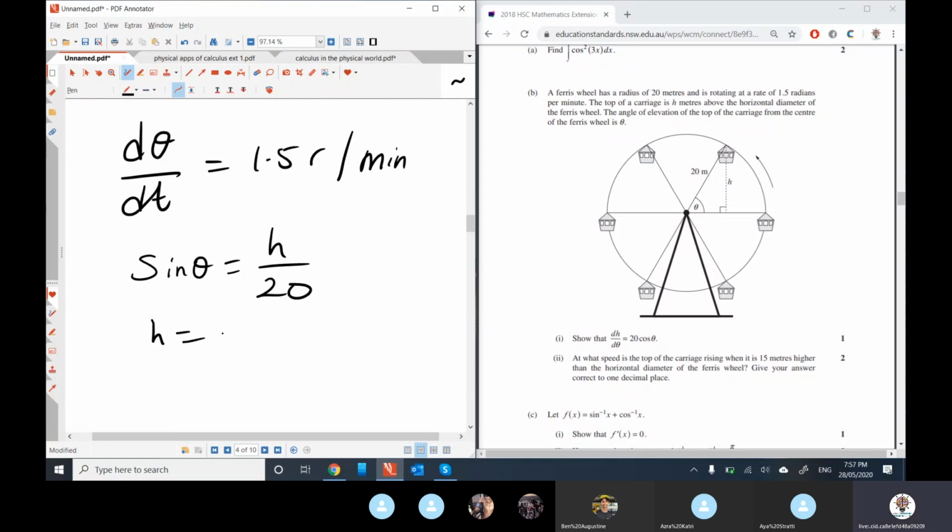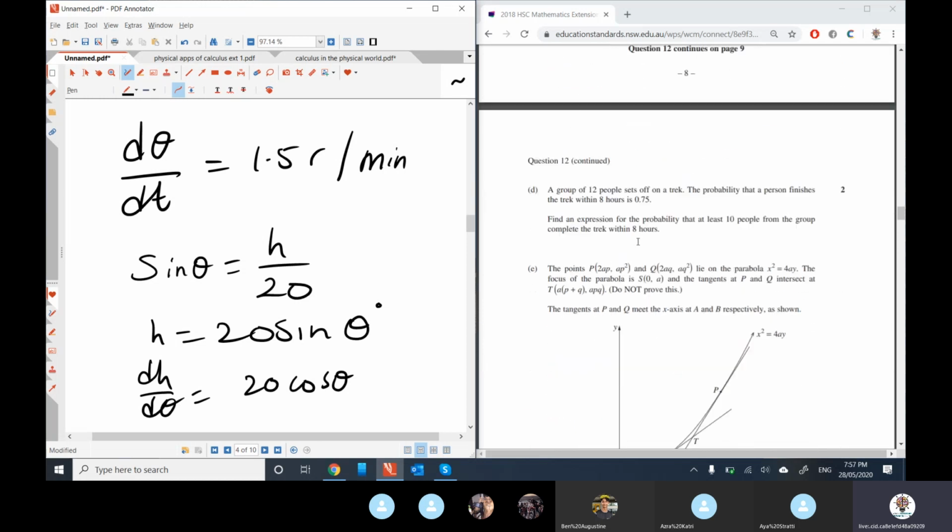And then I didn't realize you guys can't do that because we haven't done differentiation of this. So I'm not going to do this anymore, except I'll just quickly show how easy it is to the 4-unit kids who know to differentiate trig. h equals 20 sine theta, dh on d theta equals 20 times the derivative of sine, which is just cos. But we can't do it because it's going to involve trig. Damn it.